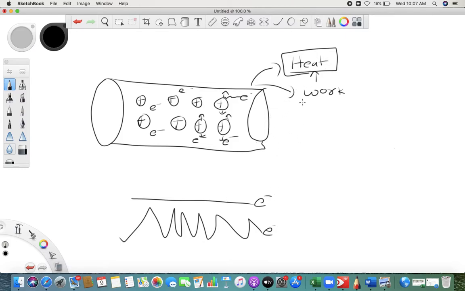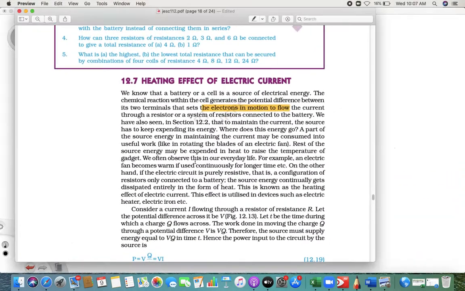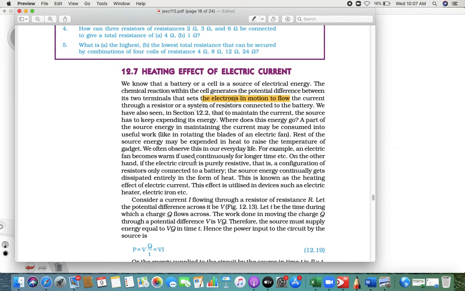As I said, the longer you use the device, the more heat is going to be generated. On the other hand, if the electric circuit is purely resistive, it is going to keep on dissipating energy entirely in the form of heat.